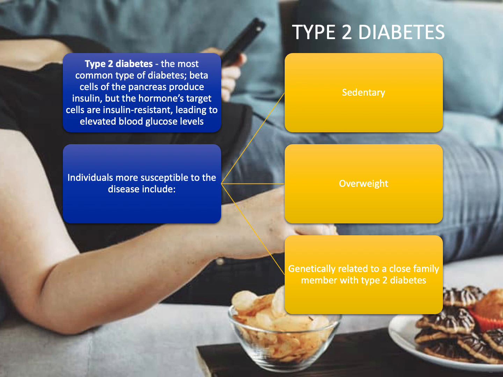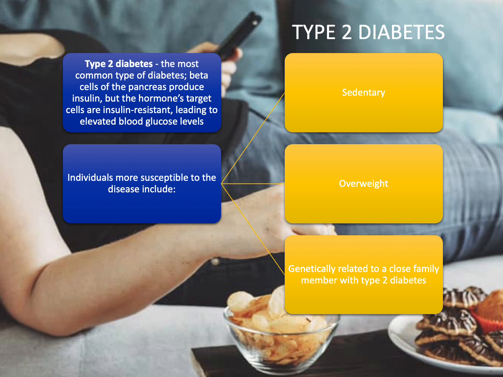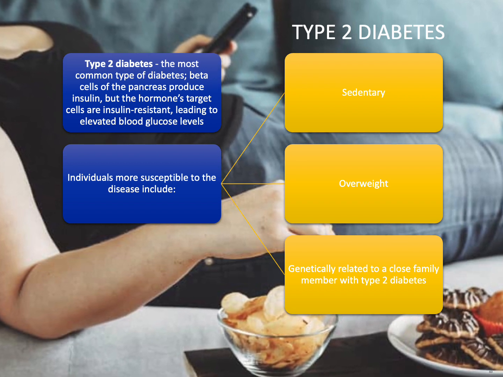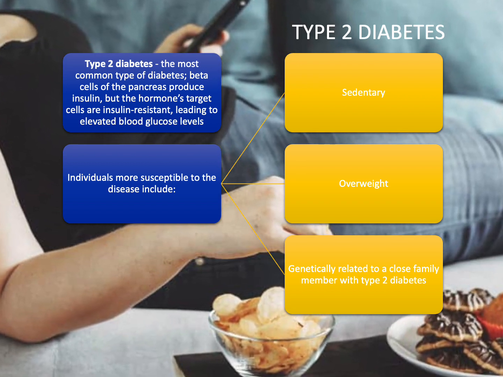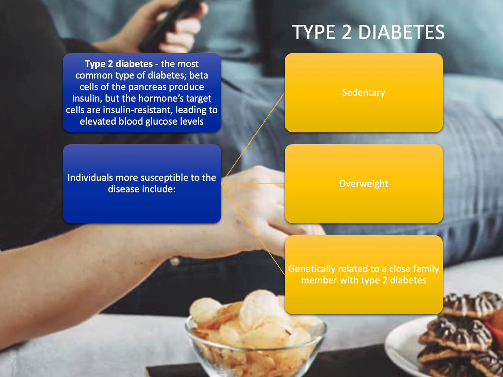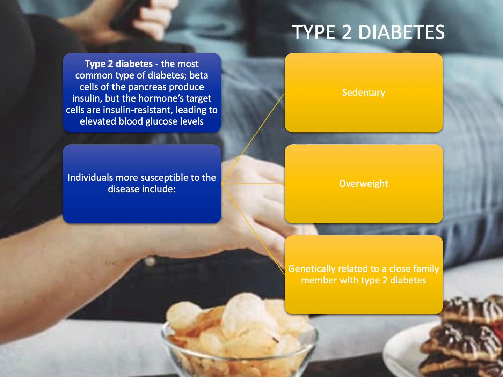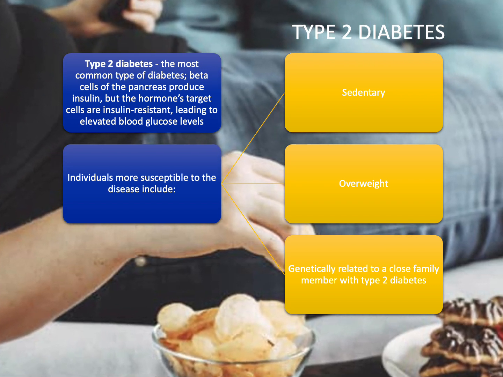Type 2 diabetes, which makes up the vast majority of diabetics in the US, I think something around 95% of diabetics are type 2, and just about 5% or so are type 1. That is a condition that is very much related to lifestyle and diet.